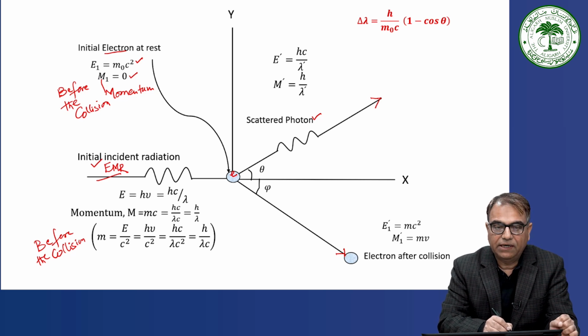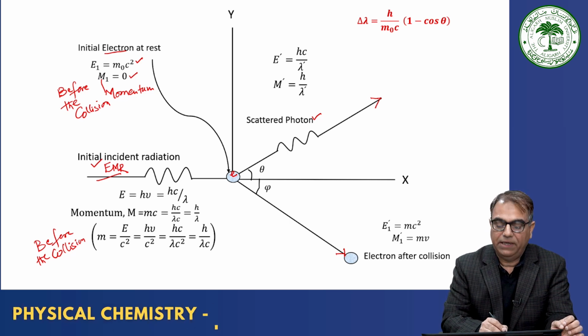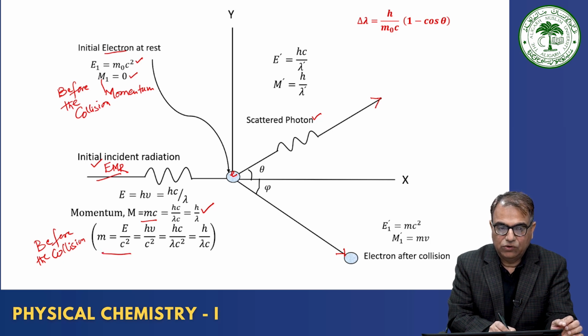Now for electromagnetic radiation, we have E is equal to h nu, and for nu we can write c divided by lambda, so hc divided by lambda. Momentum is mass into velocity, and this comes out to be h divided by lambda. Since E is equal to mc square, m is equal to E divided by c square, which is h nu divided by c square.